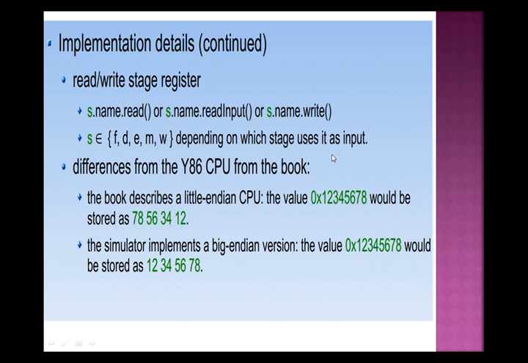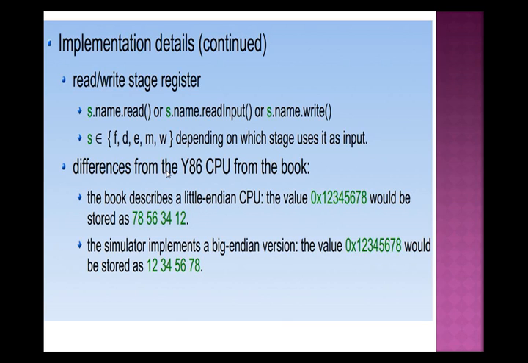Then, most important, the stage includes F, D, E, M and W. These are the multiple stages, depending on which stage is used at the input. So these are the multiple stages available for the stage register. In the Y86 implementation we can use F, D, E, M or W, stored in the stage register S.